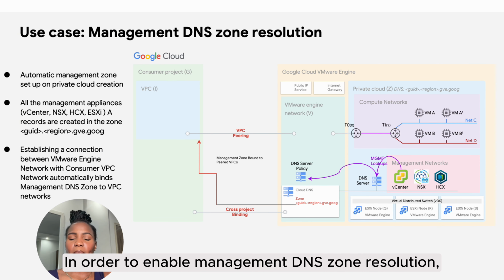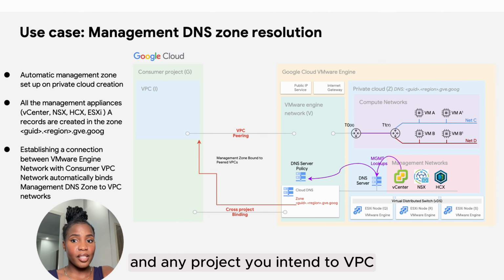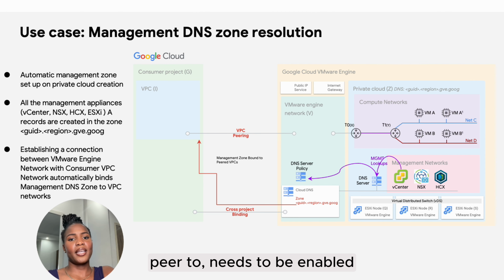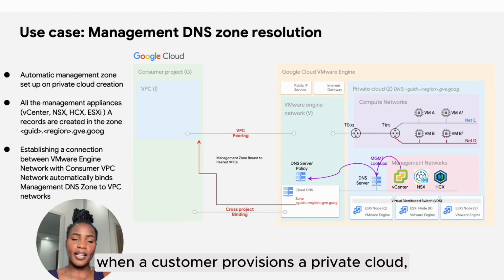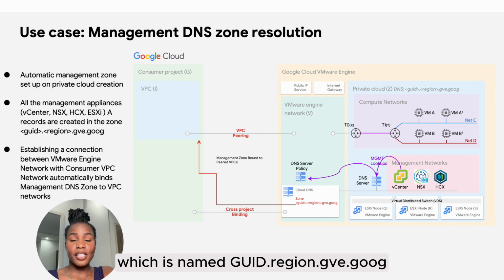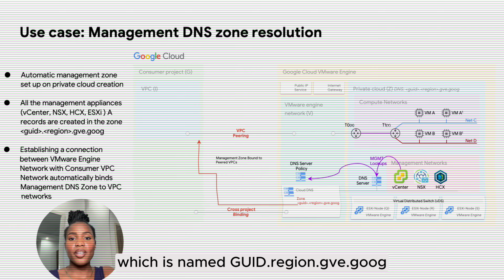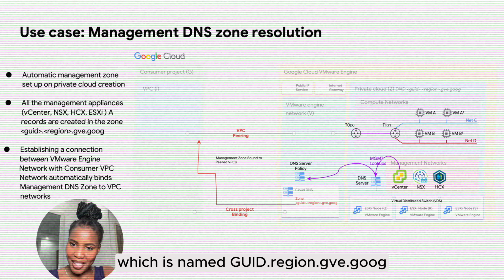In order to enable Management DNS Zone Resolution, the Google Cloud DNS API in both the local project and any project you intend to VPC peer to needs to be enabled. When a customer provisions a private cloud, it automatically registers a domain which is named guid.region.gve.goog.